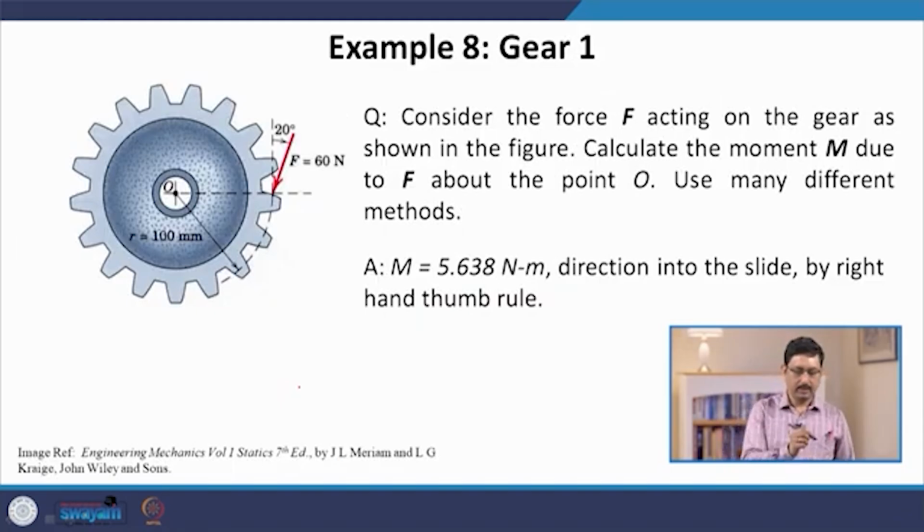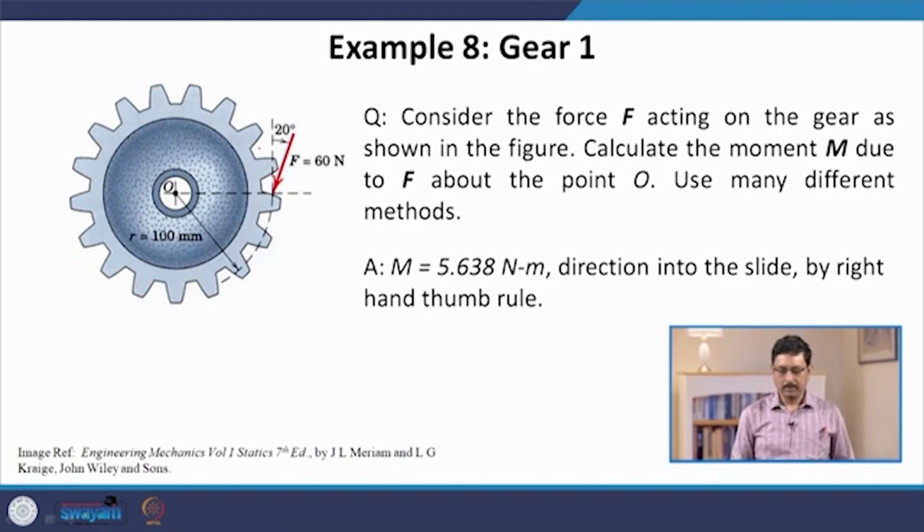This is a very well known device, it is a gear. This gear is found in all sorts of engineering machines. It is a wheel with some teeth, and in useful machines there are several gears which are connected to each other and they can rotate, and the rotation can be controlled through these teeth, and you can have different applications.